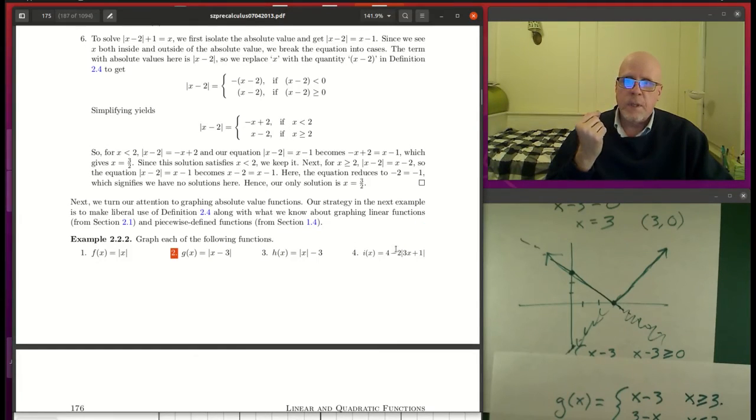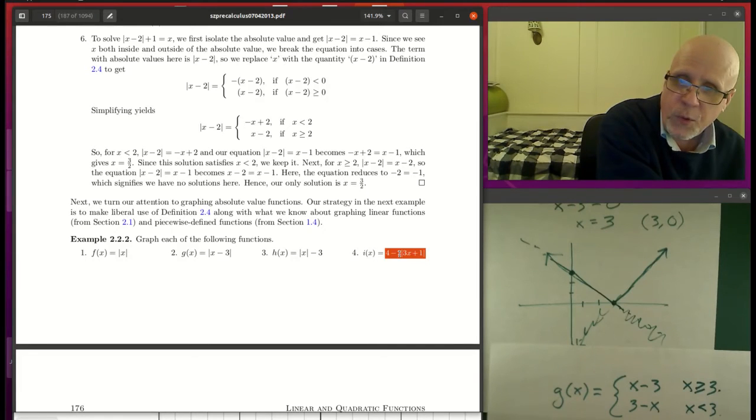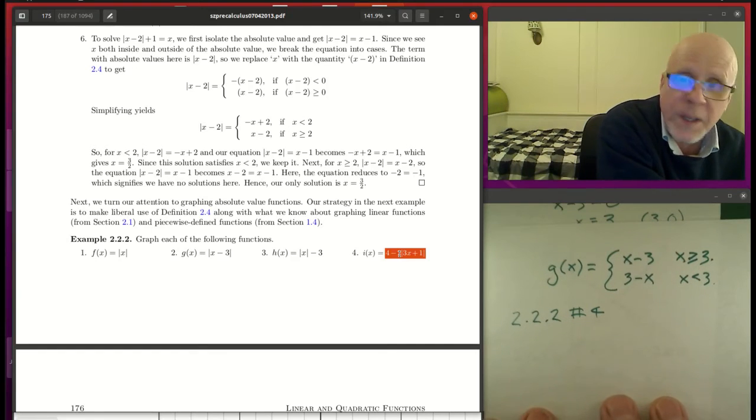Let me come back to one of these other graphs. This is example 2.2.2, part 4, number 4 in that. Whoops, I need to do this where you can see it.